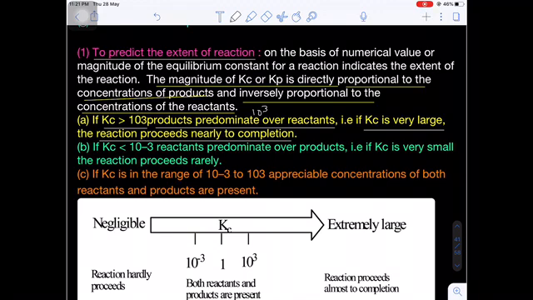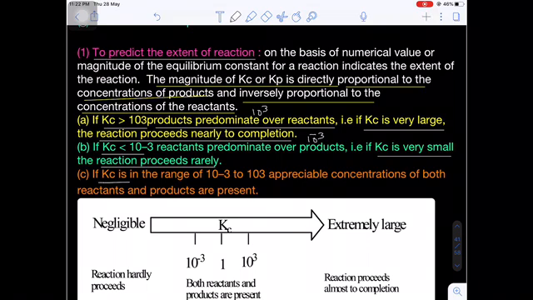Number two, if the Kc value is less than 1 by 1000, that is 10 raised to minus 3, the Kc value is very small and the reaction proceeds very rarely, very difficultly.